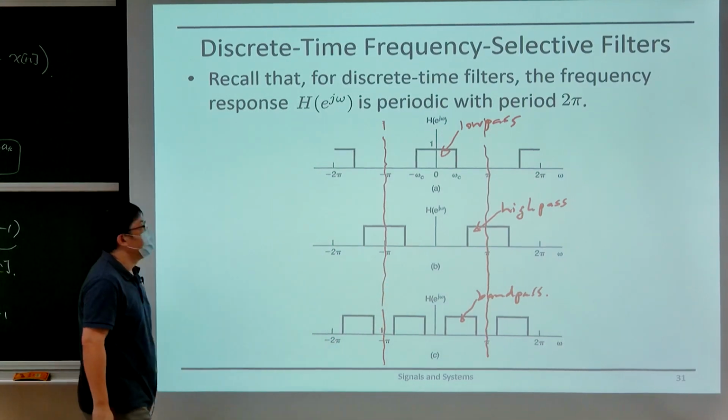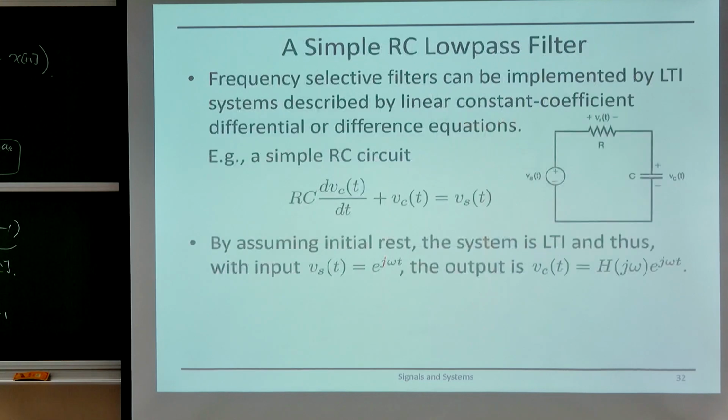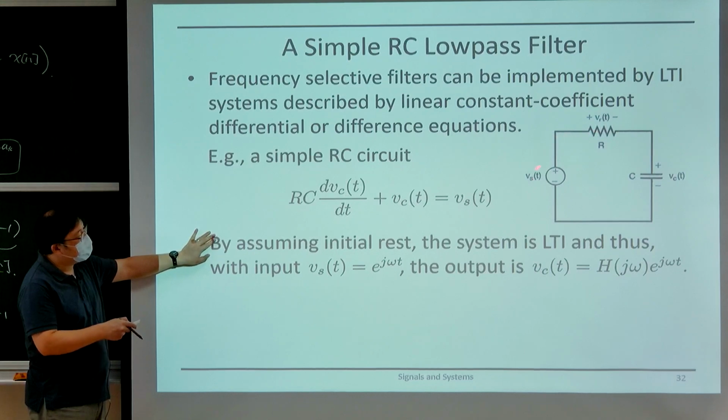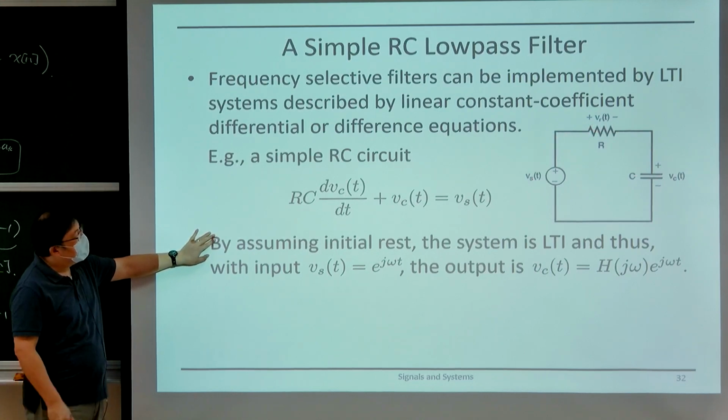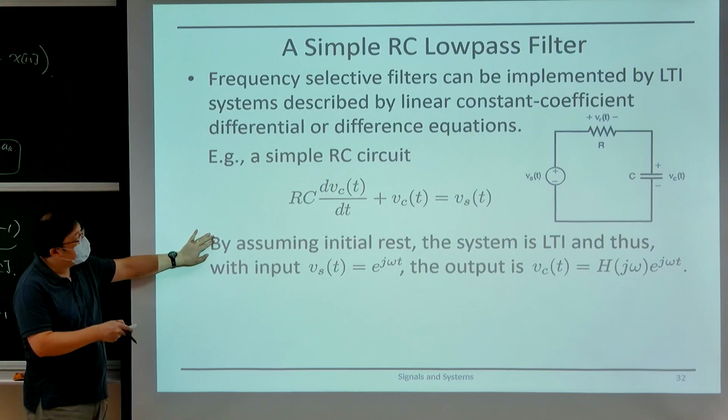But if you're not concerned with being so perfect, then this high pass or low pass filter can actually be implemented simply using a simple RC circuit. For example, suppose we consider this simple RC circuit in cascade, and we let the input be the voltage source and the output be the voltage across the capacitor.